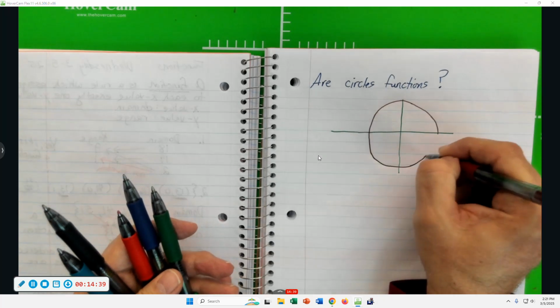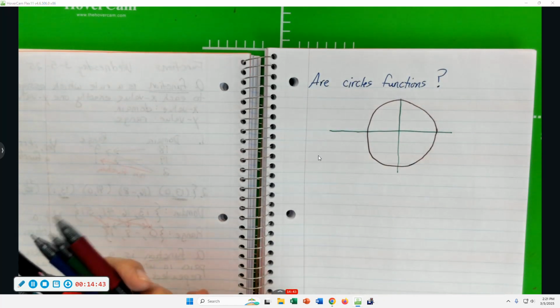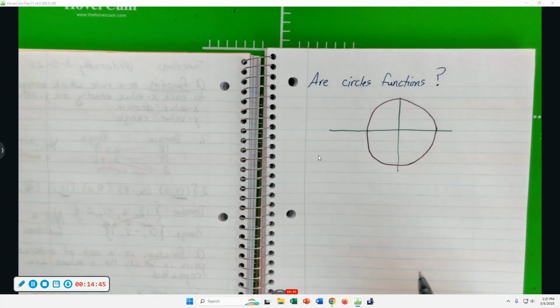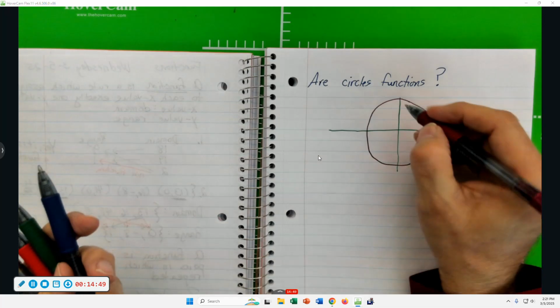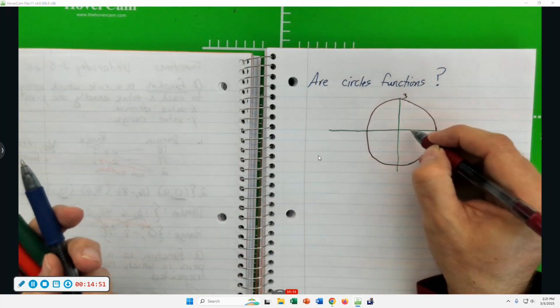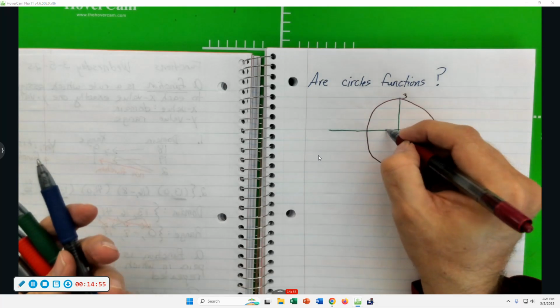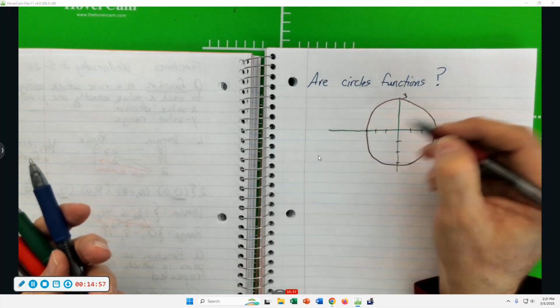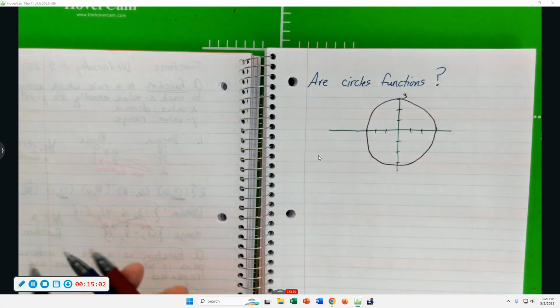Pretend it's a circle. There. One, 2, 3, 1, 2, 3. Putting a little grid line on it.